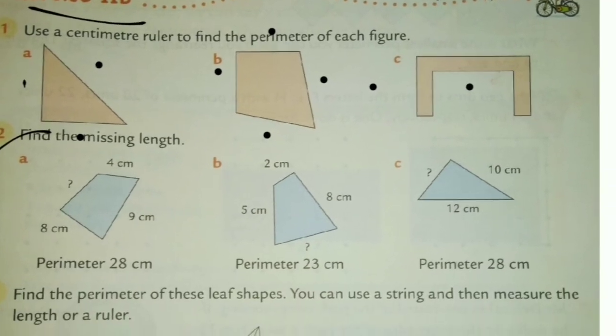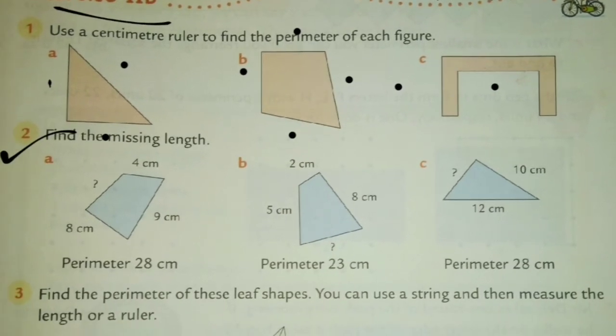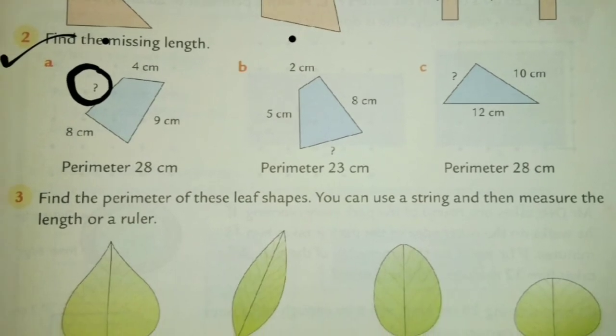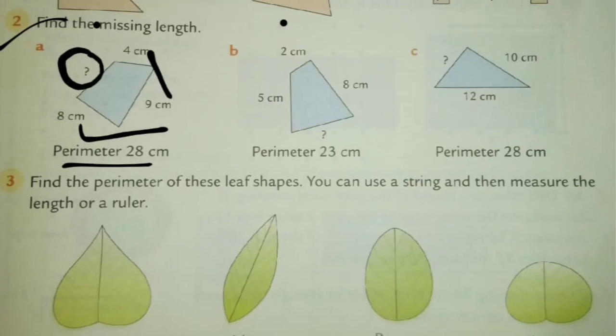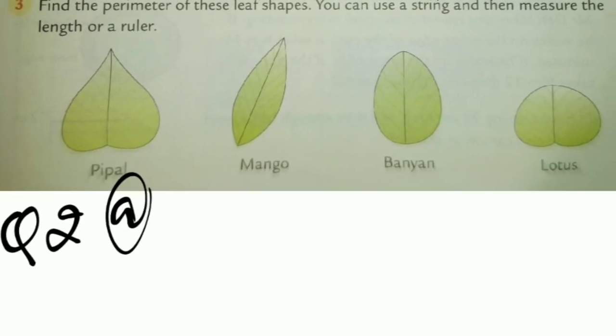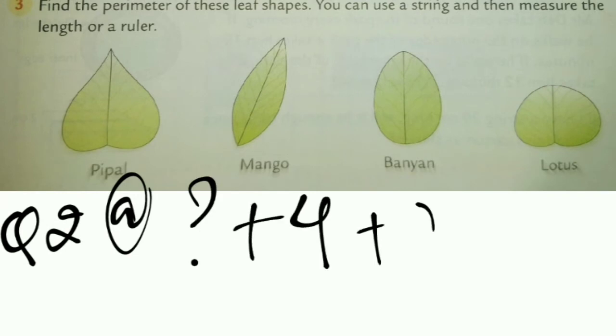Question number 2. Find the missing length. Missing length means this one is not given, so that we have to find. How will we find? In this one, we know that the perimeter is given, 28, and we can add all the 3 sides here. See, in this one, we can add all the sides and get the fourth one.